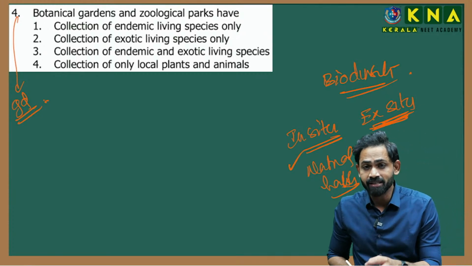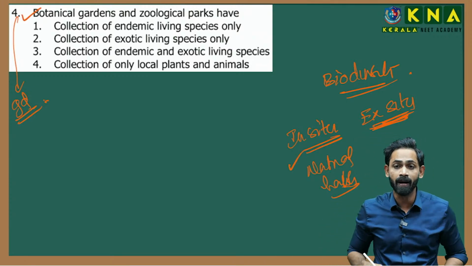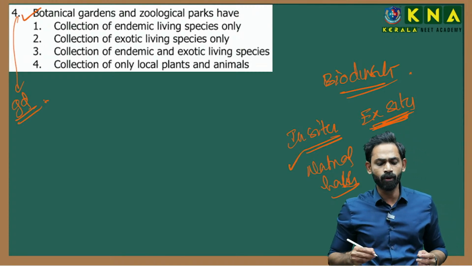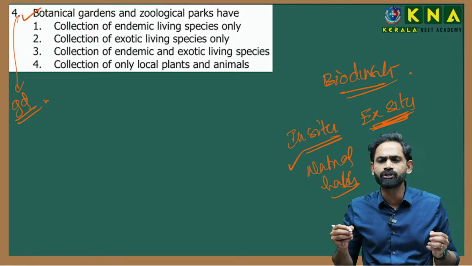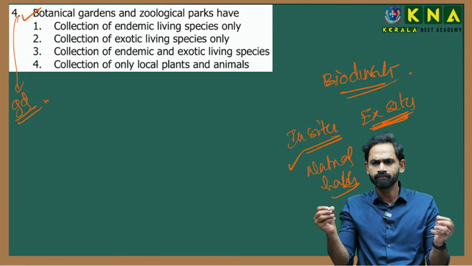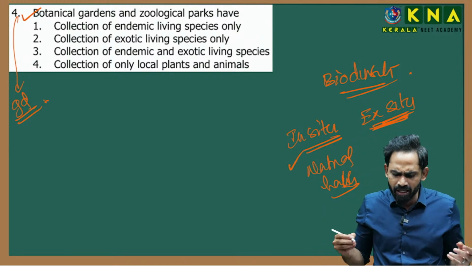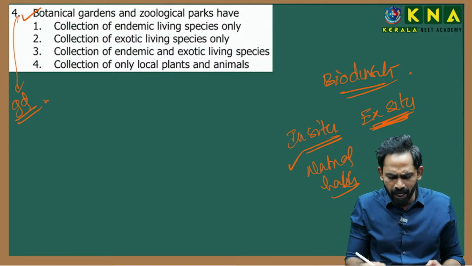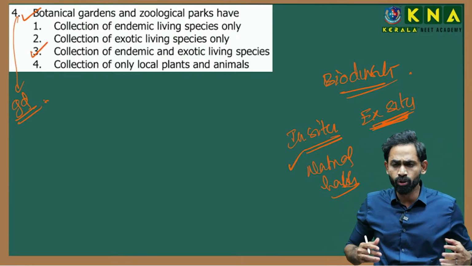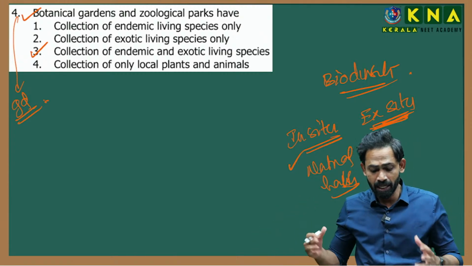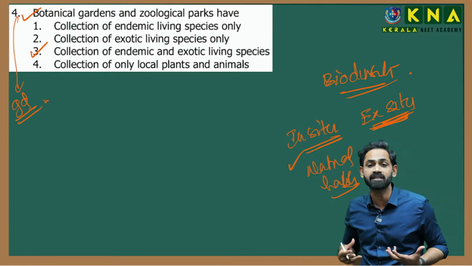In ex situ conservation you get botanical gardens, zoological parks and safari parks. So botanical gardens and zoological parks come under ex situ conservation. You understand why I called it good. Here we protect the collection of endemic organisms which are going extinct, along with exotic living species.